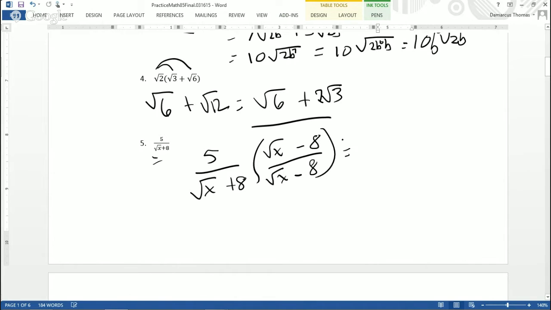Now just distribute. Up top, we get 5 root x minus 40. On the bottom, you actually have to multiply this out. You have to FOIL it out. We're going to end up with just x minus 64, and we can't do anything else with that. That's the final answer.